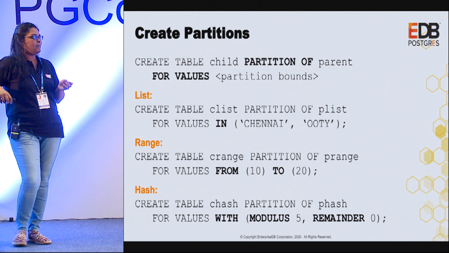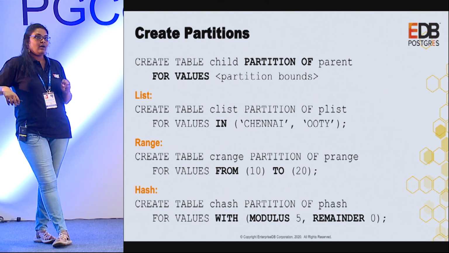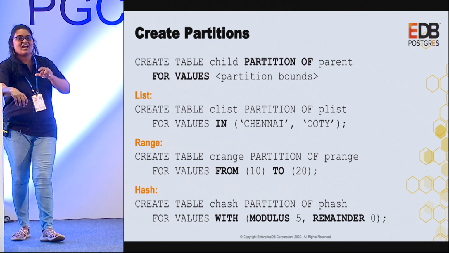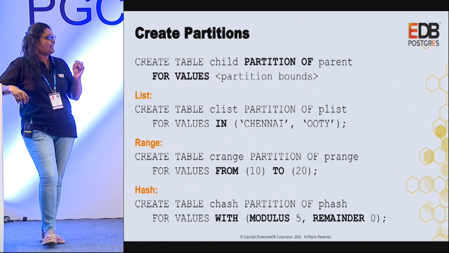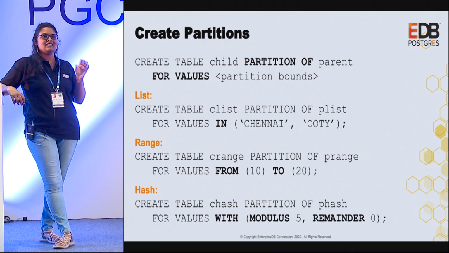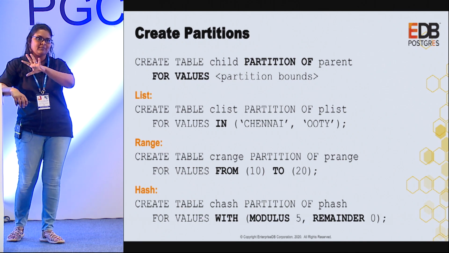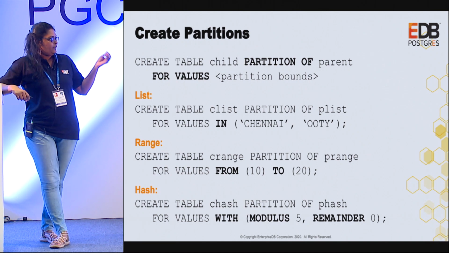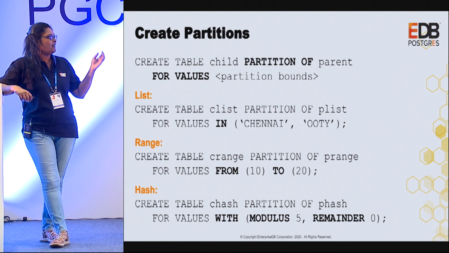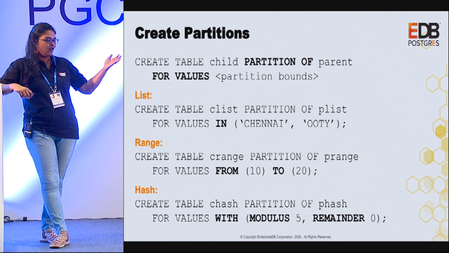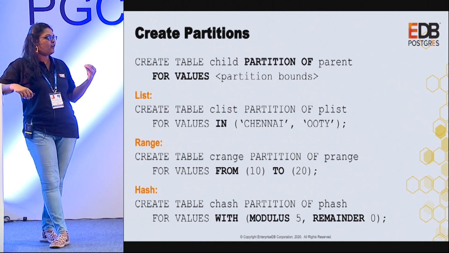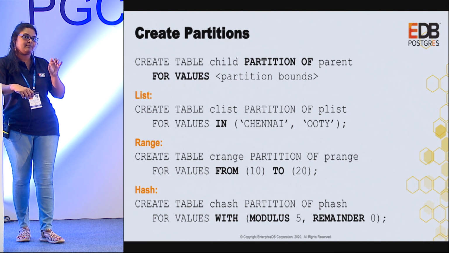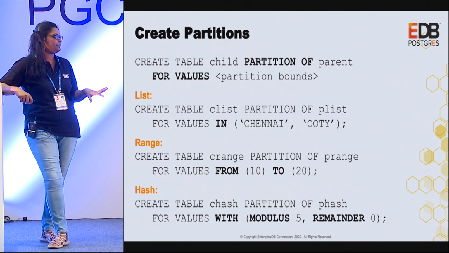Now, to create a partition, you have the clause PARTITION OF, which mentions which table this is a child of, and then you mention FOR VALUES and specify the partition bounds of that particular partition. For list, you say CREATE TABLE, PARTITION OF the parent table, then FOR VALUES IN, and then specify each of the values that are permitted for this partition.